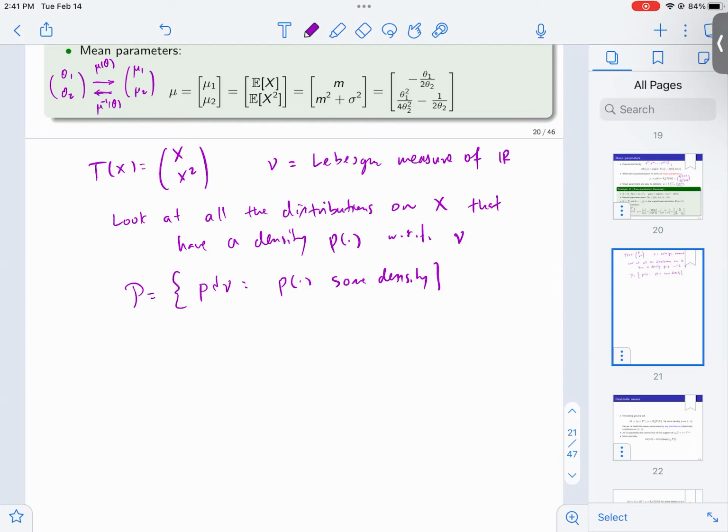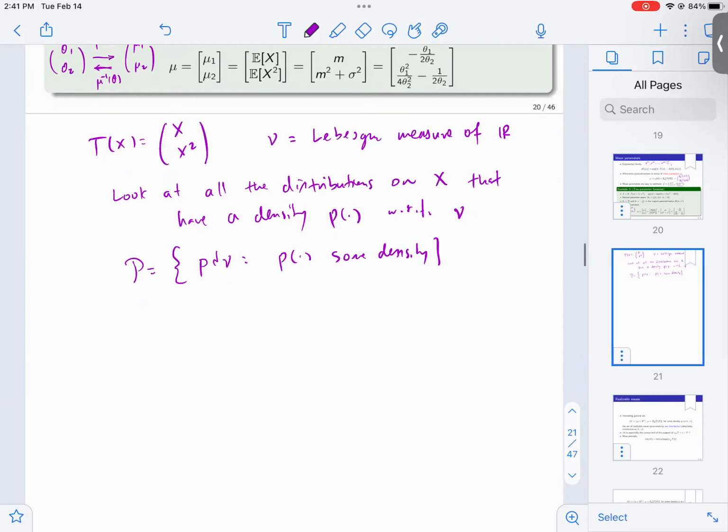And under such a distribution, for simplicity, I'm going to write X distributed like P. Then T of X will have a certain distribution, inherited from this P. And then we're going to look at the expectation of T of X. That would be a vector, in our case mu1 and mu2.